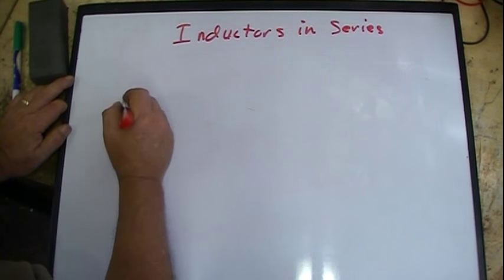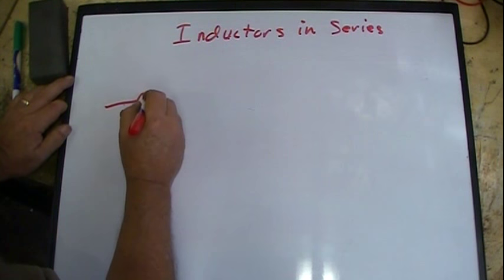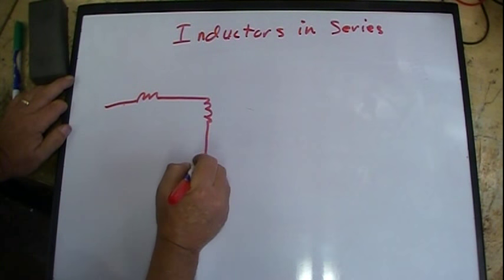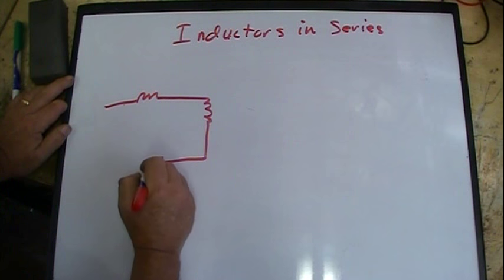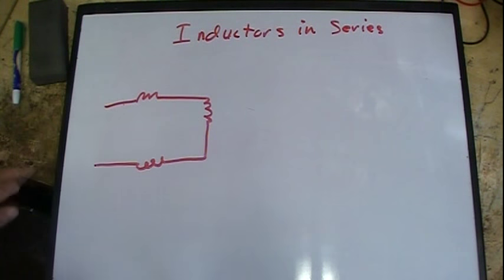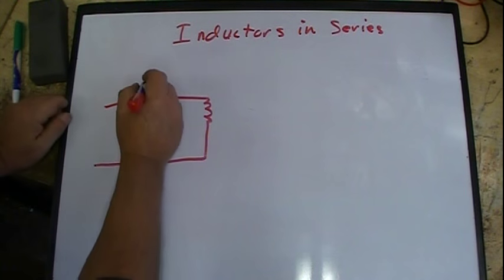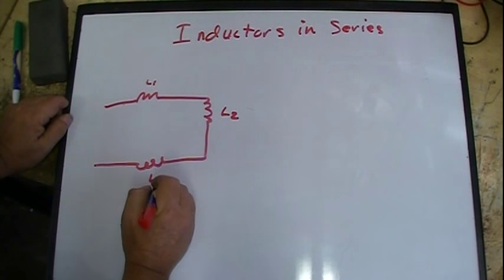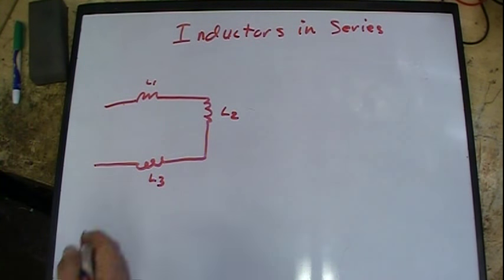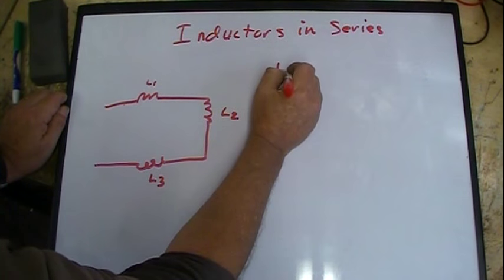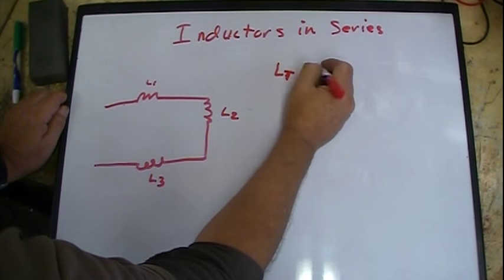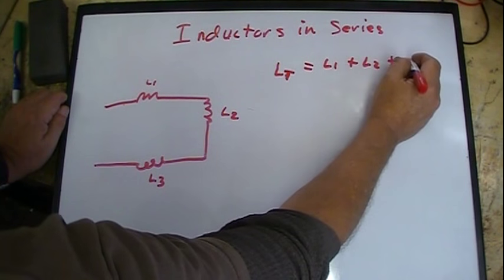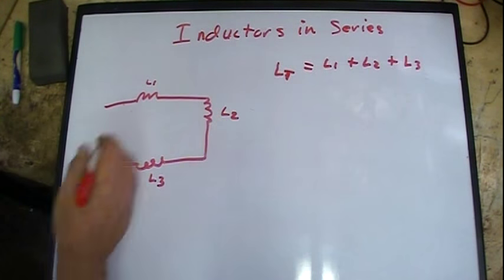So if I've got like a circuit here with an inductor, and then another inductor, then another inductor, and I call this L1, L2, and L3, the total inductance, LT, equals L1 plus L2 plus L3.